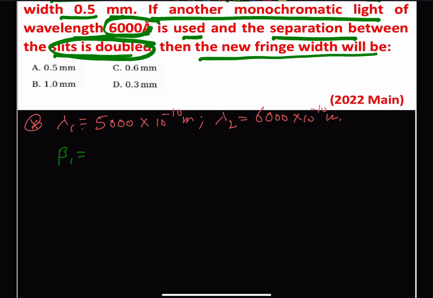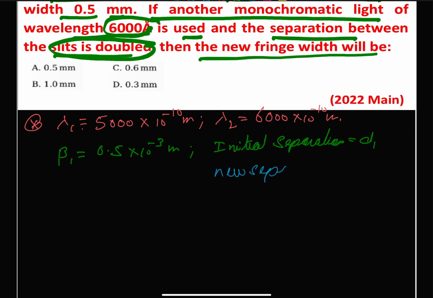So this becomes 0.5 into 10 to the power minus 3 meters, and we are also given that the separation is doubled. So we can say initial separation is our D1, then new separation given as D2 will be equal to twice of D1.